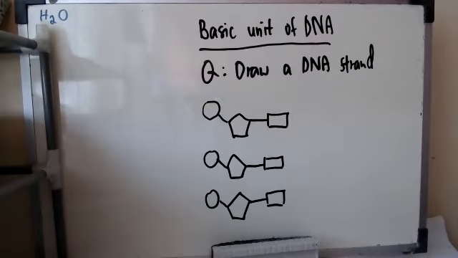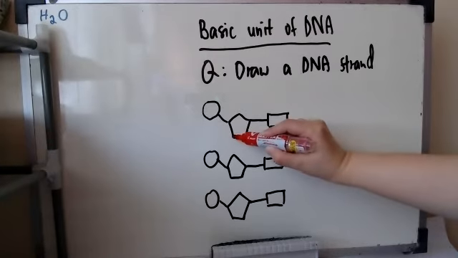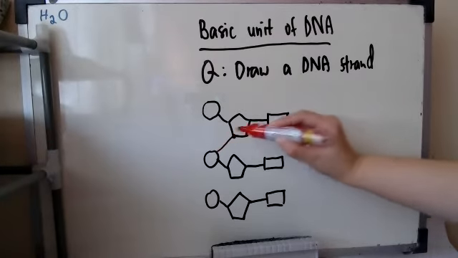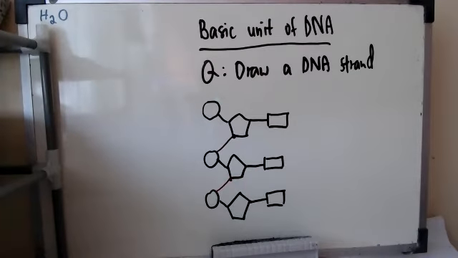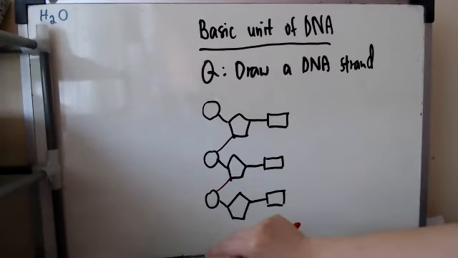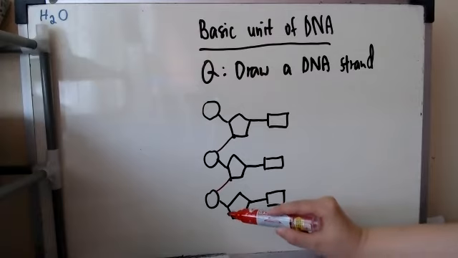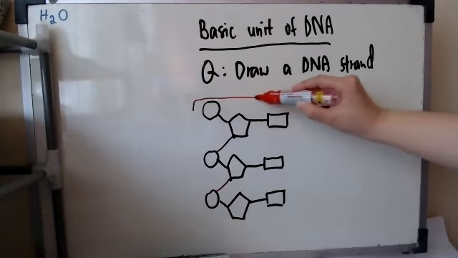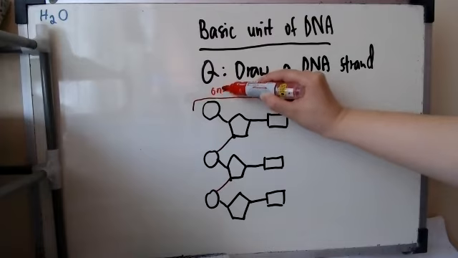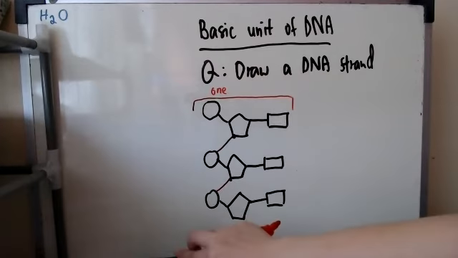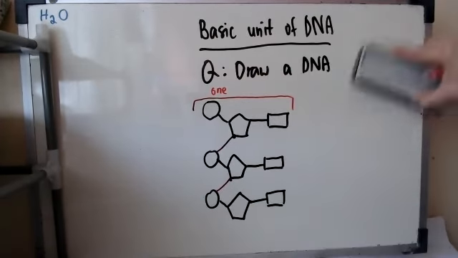And you connect them. This edge over here connects to the phosphate. This edge over here connects to the phosphate. So basically this one refers to, sorry, this should be a DNA molecule.